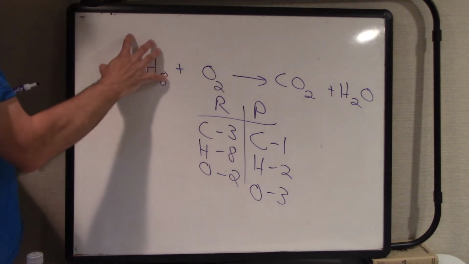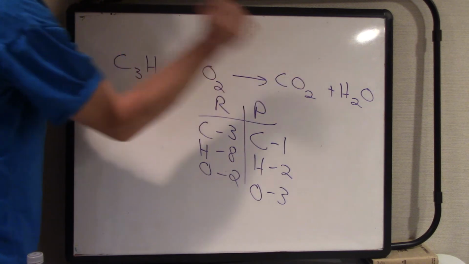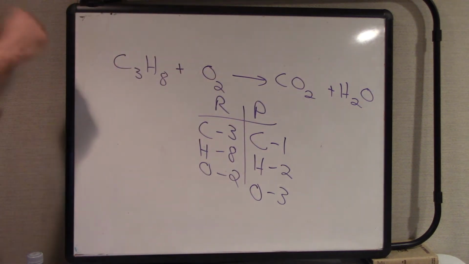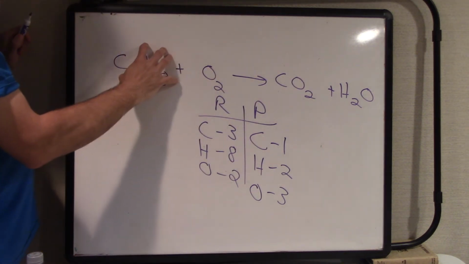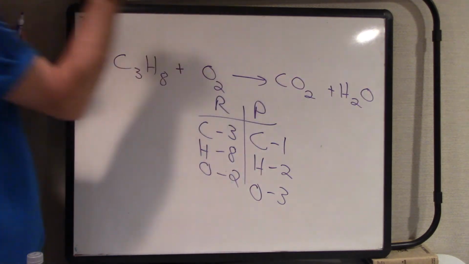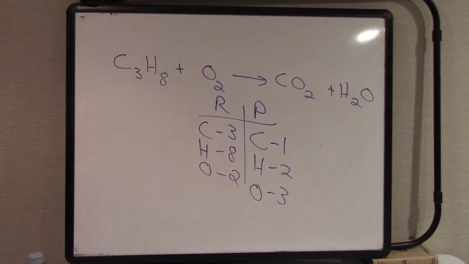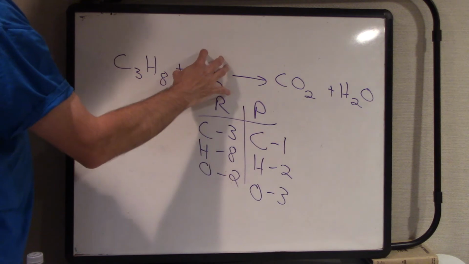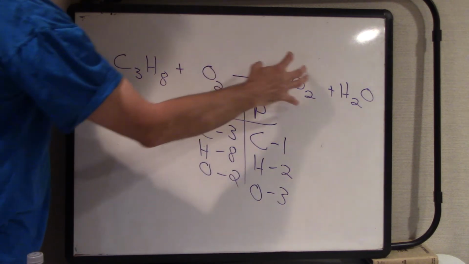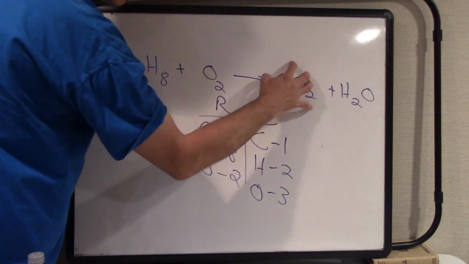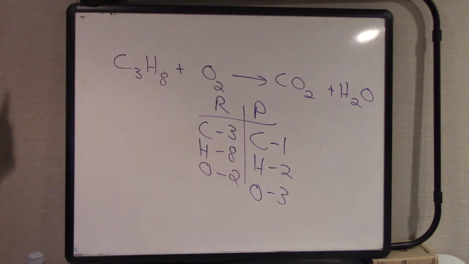Carbon appears in 1 location on the reactant, 1 location on the product. Hydrogen, 1 location in the reactant, 1 location in the product. Oxygen, though, appears in 1 location on the reactants, but 2 locations on the products. So oxygen appears in the most number of locations.